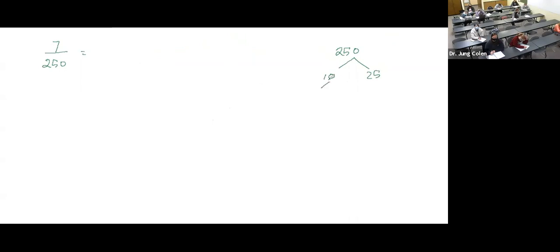So 10 is what times what? 5 and 2. How about 25? 5 and 5. So we are done, right? We only have 2's and 5's. So we see 250 is 2 times 5 cubed, and 7, right?